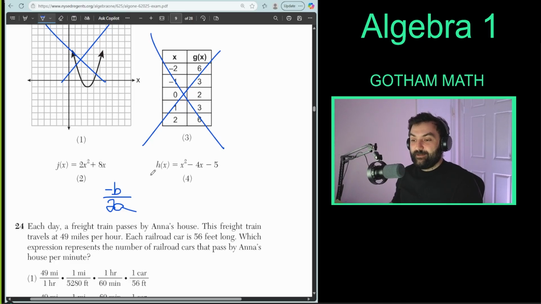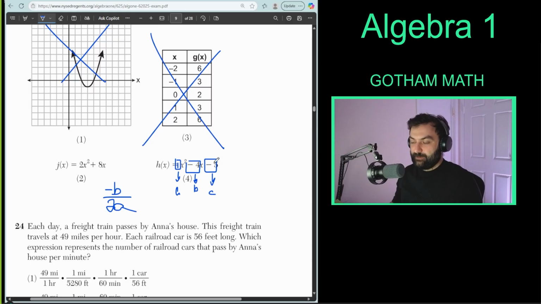In quadratics, a, b, and c are just the numbers that go in front of the variables, and the last number is c. So this is a, which is an invisible 1. This is b, which is -4. And this is c. So let me just plug a and b into this formula and see whether the answer will be 2.